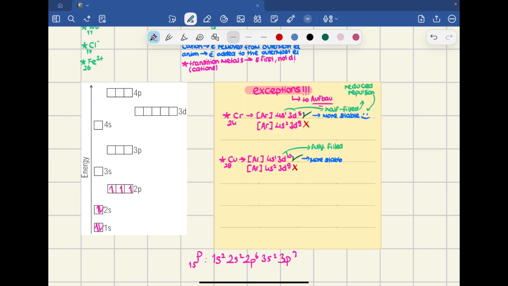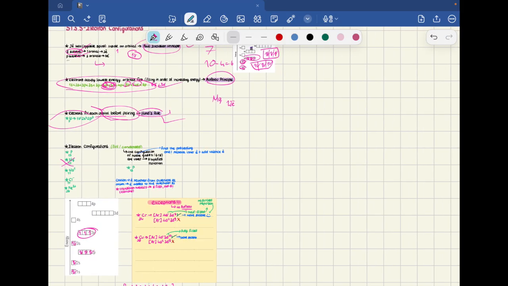As you can see, I'm placing them in separate orbitals, 1, 2, 3. Again, you can see how Hund's rule can be seen here. This is an example with phosphorus.